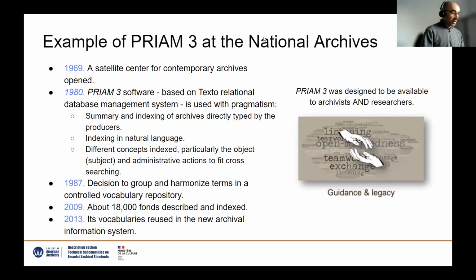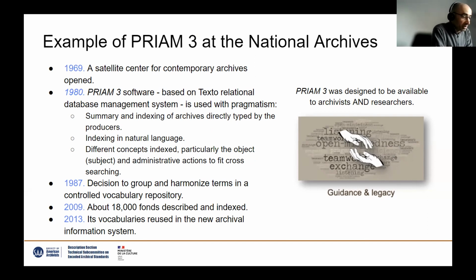The satellite center of the National Archives for contemporary archives, opened in 1969, had to cope with a massive amount of archives. So around 1980, using software to manage such volumes appeared to be an obvious solution. After 2 software modules for entries and communication, the 3-and-3 service was launched for description and indexing.